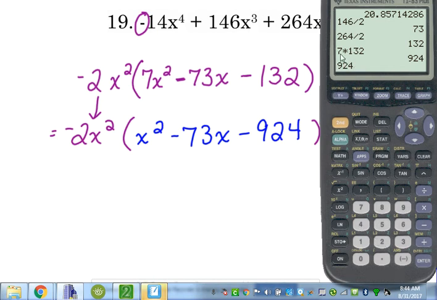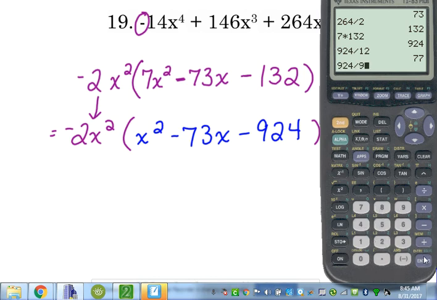Well, obviously I know 7 is 1 because that's just how I got that number. So, I don't know. Let me check. 12? Okay, 12 is a factor of 924, but 12 and 77 are not going to combine to give me 73.